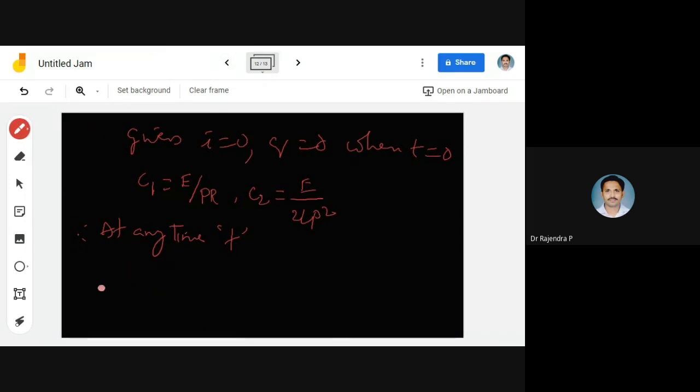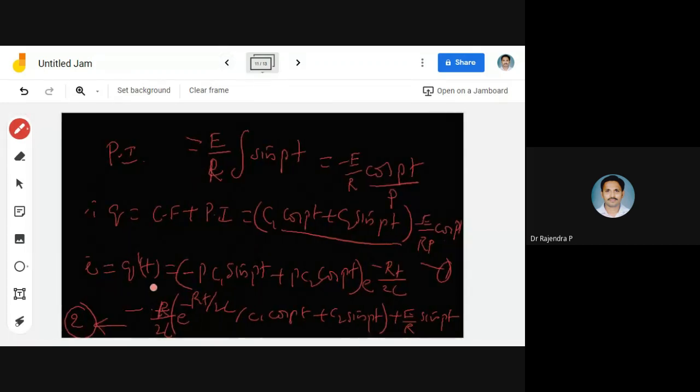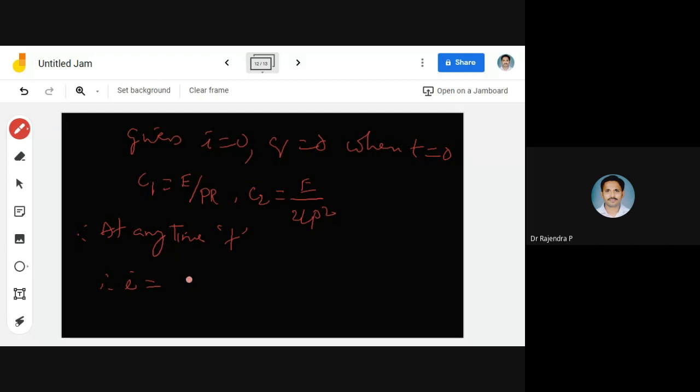So while writing your answer for I at any time t, what is the current? That is what they ask in this problem. So I is equal to, we have to substitute C1 and C2 in the second equation. I told you this e power minus RT by 2L, you take it as 1 minus RT by 2L after expanding.